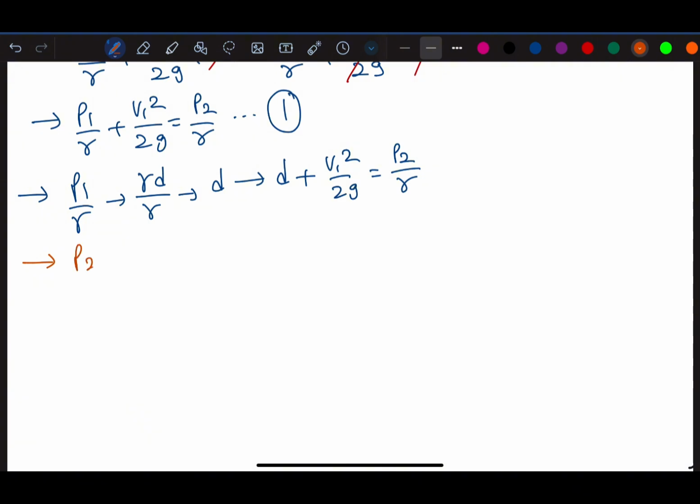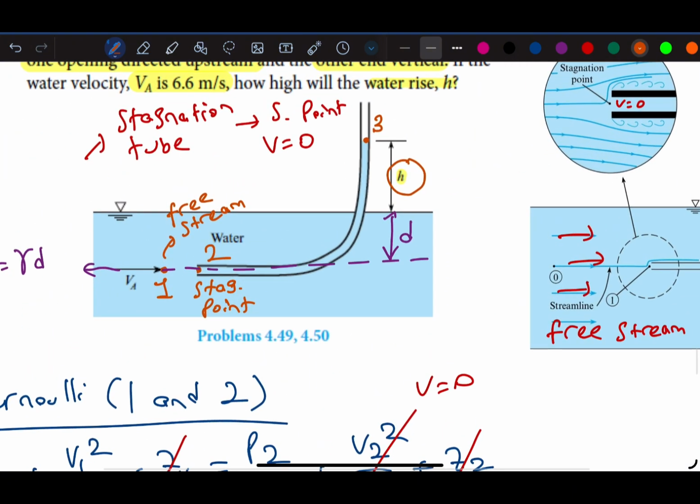Now we need something for P2. So let's see what we have. We have point 2, and above this point we actually have d and also h. So we shouldn't get confused about what we have above this point.